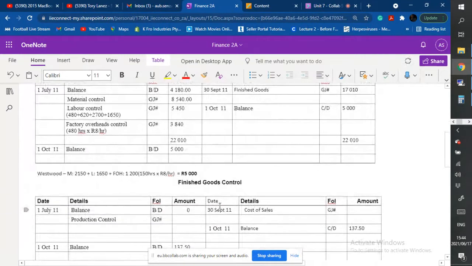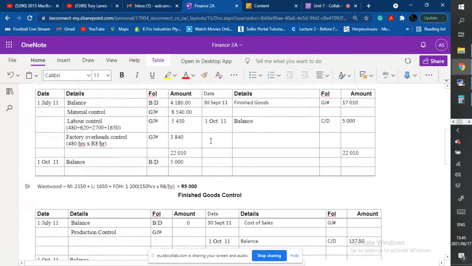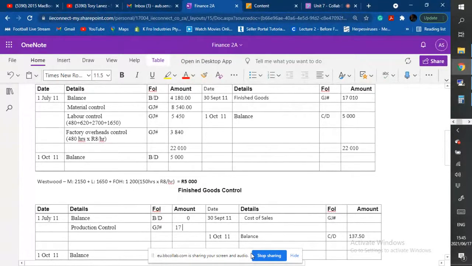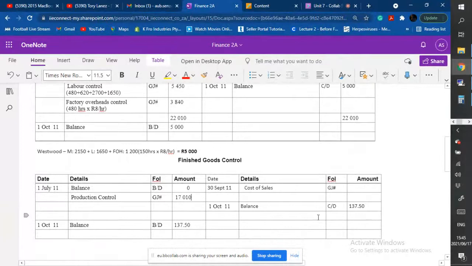Okay, so here in finished goods, can you see? We can just quickly complete that double entry. So here we're going to have 17,010. And then here, can you see they've already given us the balance brought down. So here we can just quickly throw in the same amount, 17,010.